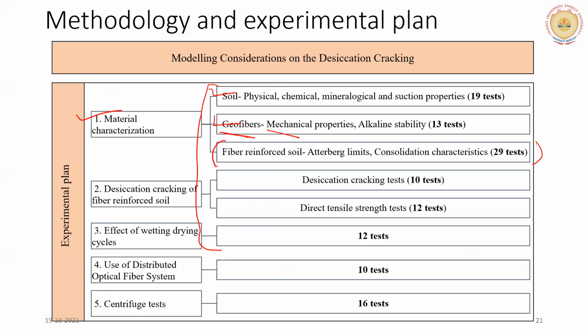Then some tests were done. Then we wanted to do some basic tests to see whether addition of fiber is reducing the cracking or not. So a lot of tests were done, and finally we came up with this chapter number 4, which is nothing but the usage of distributed optical fiber system to find out the cracking.